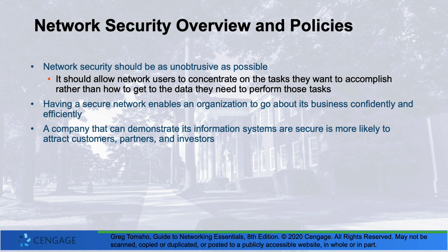Remember that network security should be as unobtrusive as possible. You're always going to have a balance where you are totally secure, and then at the other end of the spectrum, you're going to be totally open to attack. So you've got this spectrum where you have no security.